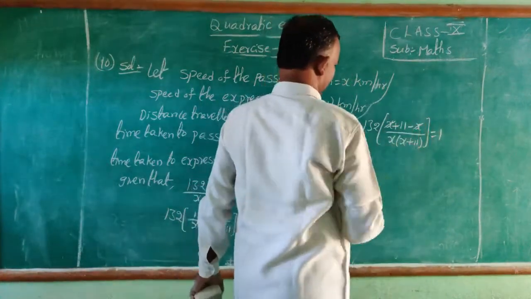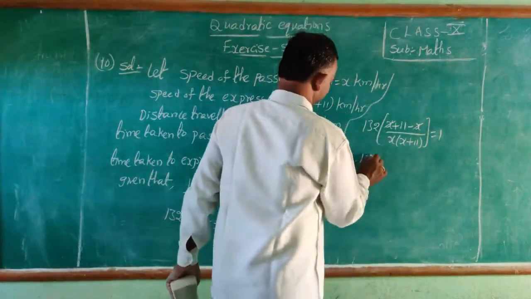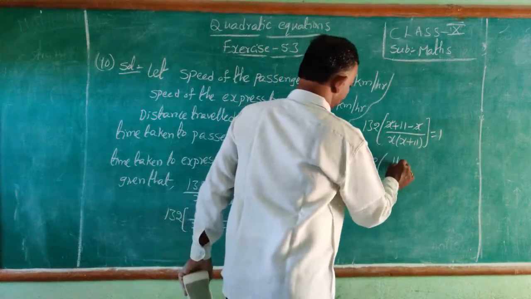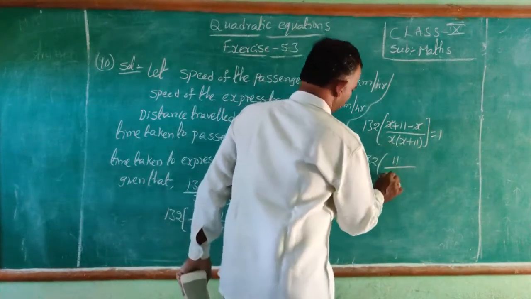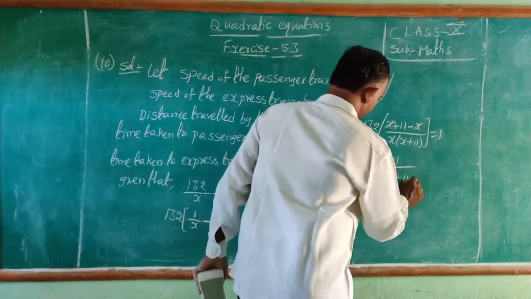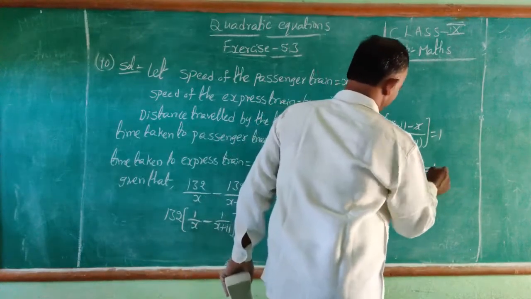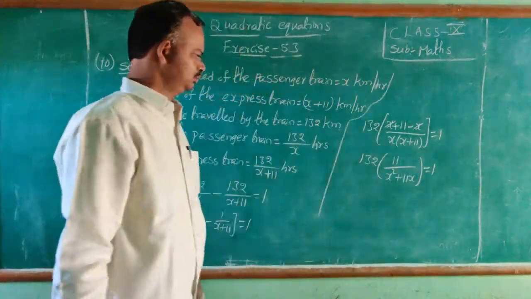Plus x minus x cancel. 132 into 11 by x square plus 11x is equal to 1.